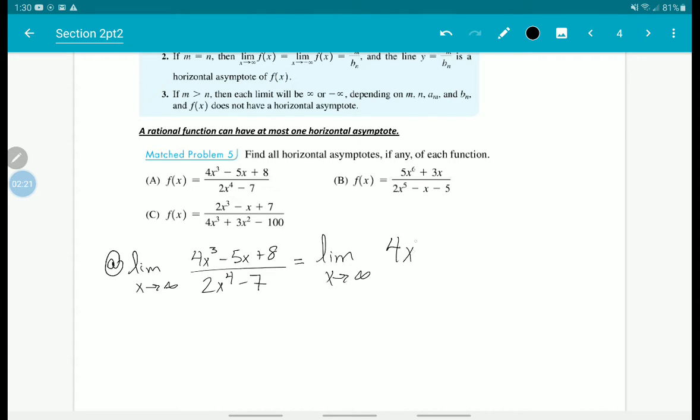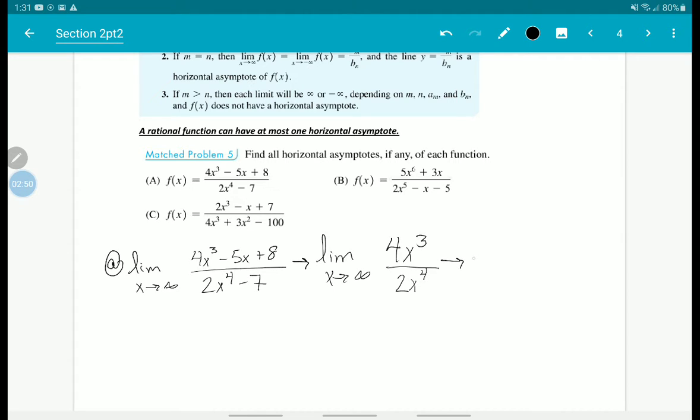So instead of saying equals here, I'm going to say this is going to approach what happens when we take the limit as x approaches infinity of 4x cubed on the top. And if we treat the bottom the same way, well, as x gets bigger and bigger, subtracting 7 is really not going to do a lot to it. But that leading term, 2x to the fourth, is really going to determine what happens with that denominator.